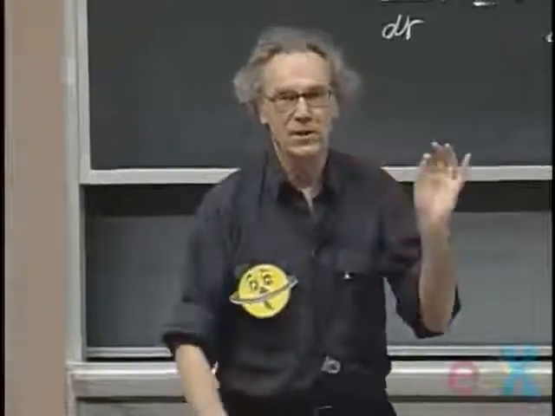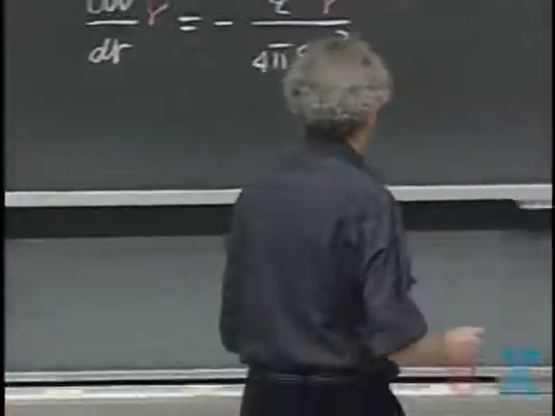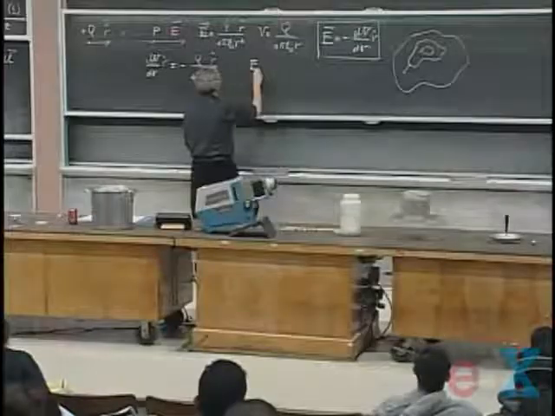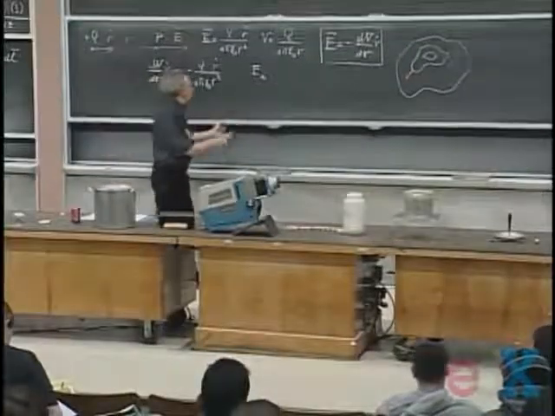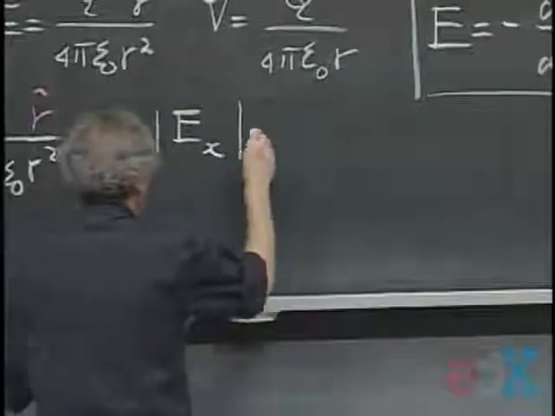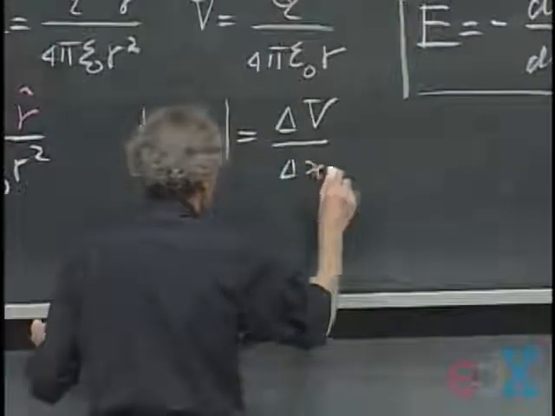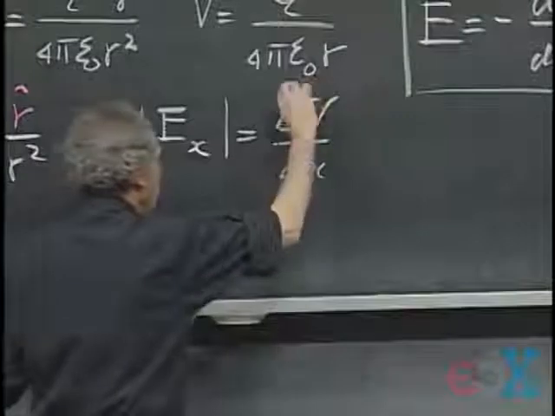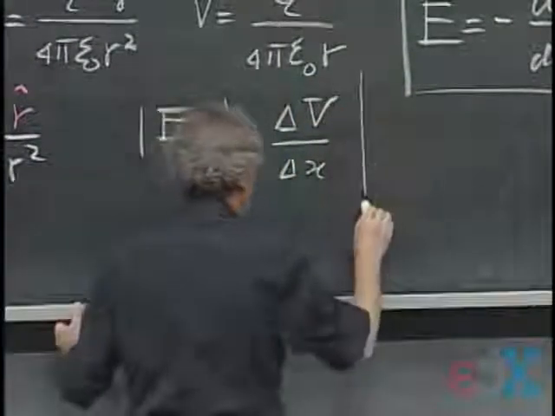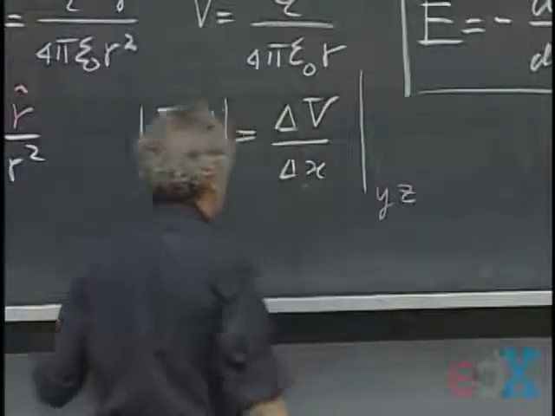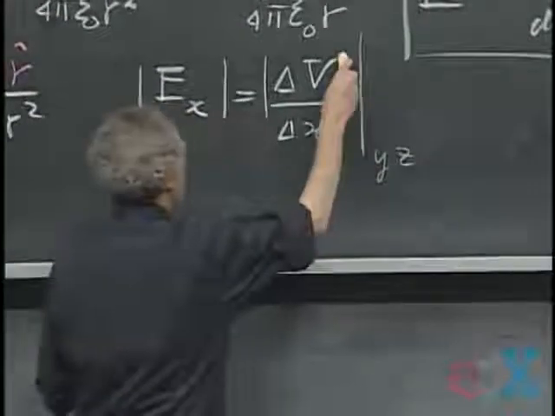If I do measure a difference in potential, then the x component of the electric field, the magnitude of that, would be the potential difference that I measure divided by that little side step that I have made, delta x. And I keep y and z constant.